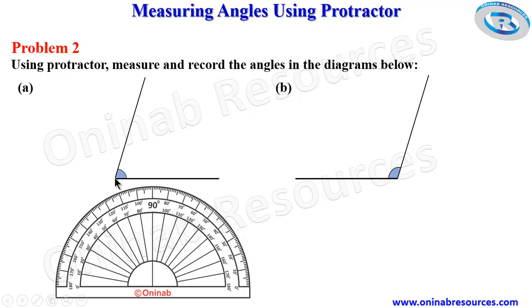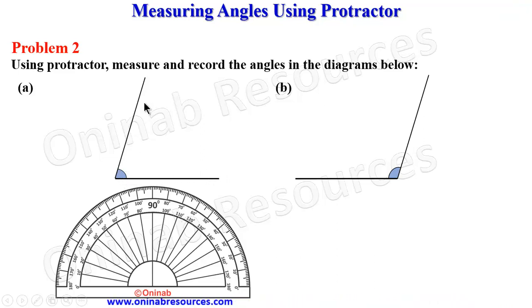First, the point of intersection of this line and the other line that form the angle to be measured will be placed at the same point as the point of intersection of the horizontal axis of the protractor and the vertical axis, so that this line at the bottom will be covered by the horizontal line of the protractor.